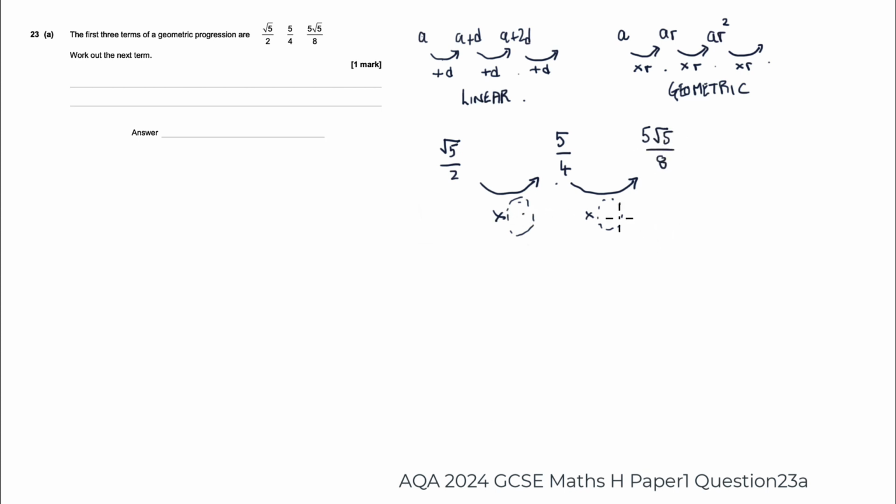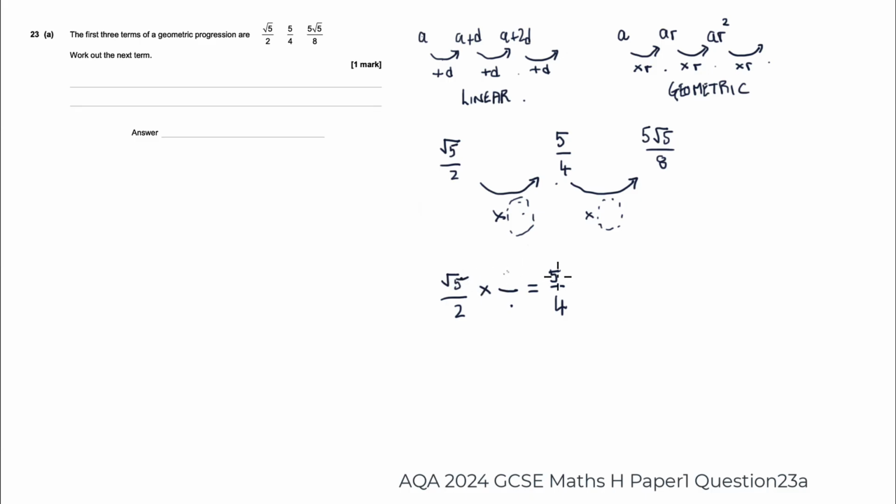Now, how do we find out what this number is? Well, let's look at the first term, root 5 over 2. And we're multiplying by something to give us 5 over 4. Well, because these are fractions, let's pretend this one also is a fraction. So let's look at the top numbers of the fractions.